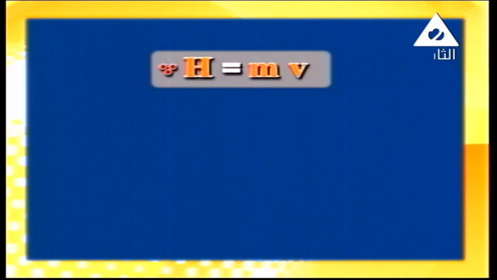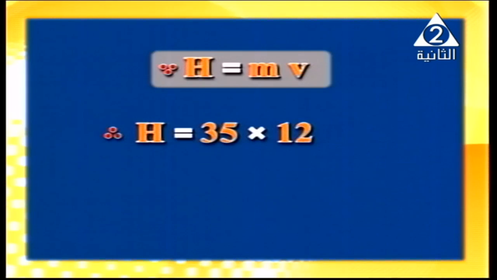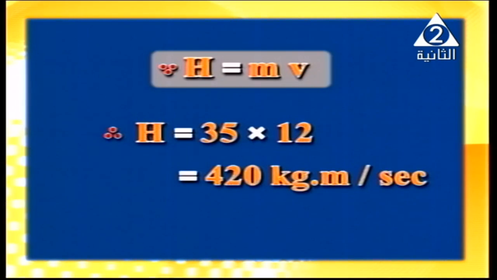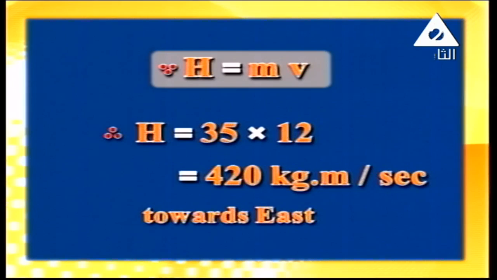H equals m v, the product of mass and velocity. 35 times 12 equals 420 kilogram meter per second, towards east, the same direction as the velocity.